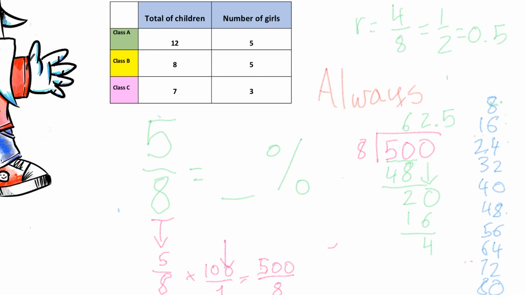Therefore, in class B, the percentage of girls is 5/8, which is 62.5%. Now, I will leave class C, which is 3/7, as a challenge for you, and we will talk tomorrow.